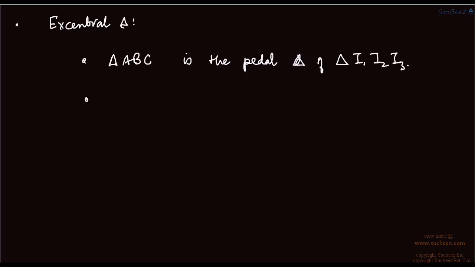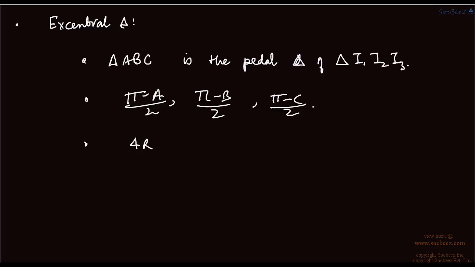Then its angles are pi by 2, pi minus A by 2, pi minus B by 2, and pi minus C by 2. Its angles are these. Its sides are 4R cos A by 2, 4R cos B by 2 and 4R cos C by 2.